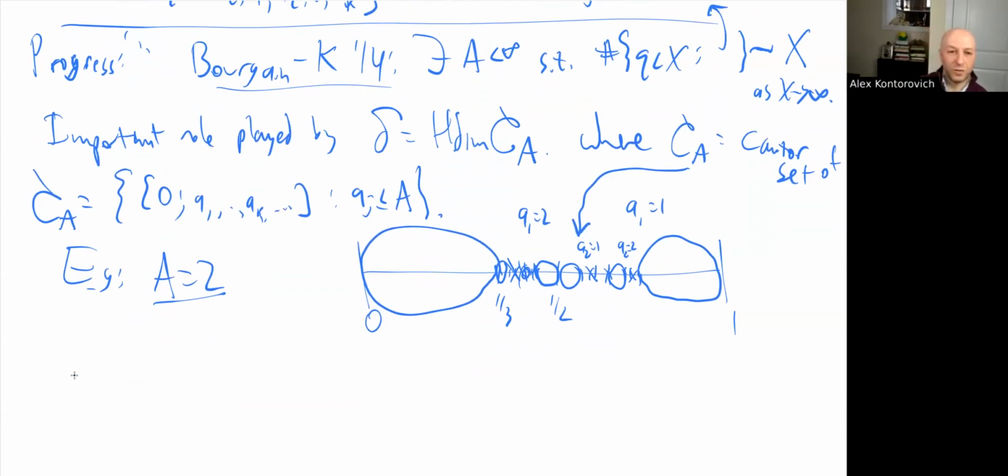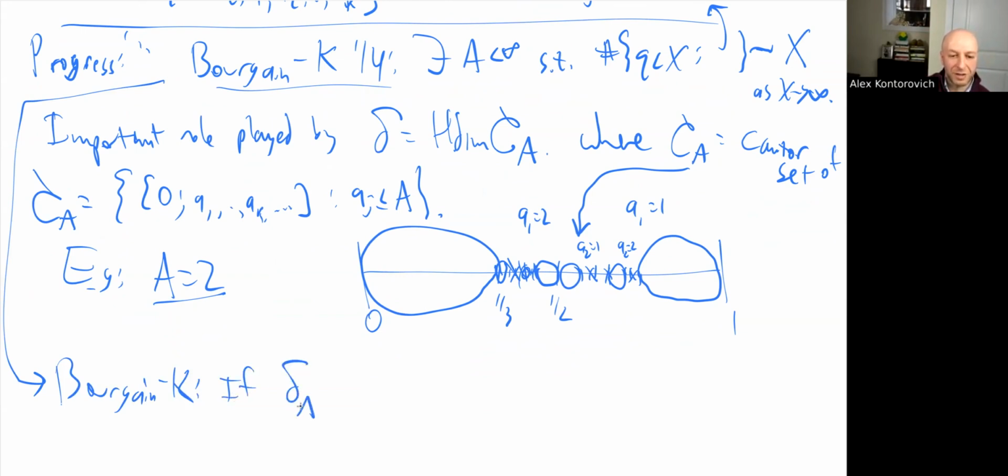And what we really proved, what Bourgain and I proved, is that the Hausdorff dimension delta_A gets arbitrarily close to 1 as you make A larger and larger. The set of not uniformly but just badly approximable numbers is the union over all C_A, because these are numbers that are bounded by an unspecified quantity.